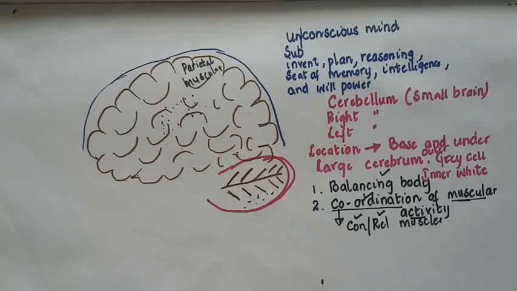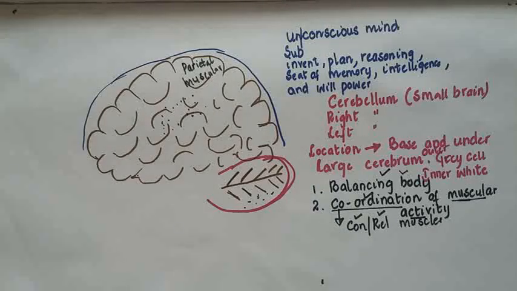When he consumes alcohol, it enters into his cerebellum, and since it is under the influence of alcohol, he cannot balance his body, and he cannot have proper coordination of muscles, due to which he cannot walk properly. He walks clumsily, right? Yes, so this is about the second part of the human brain.